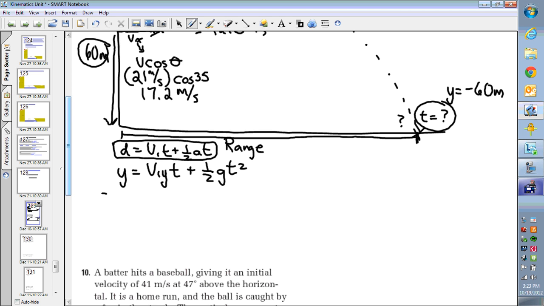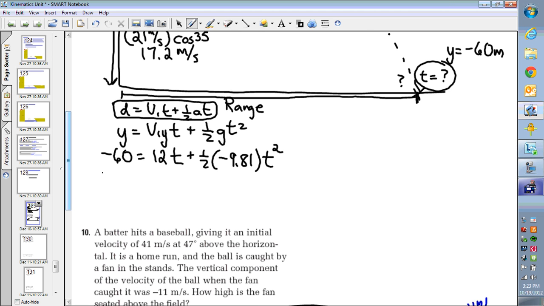All right, so my height is negative 60. My VIY was 12, times t, plus 1/2 times negative 9.81 meters per second squared times time squared. So we've got ourselves a quadratic to deal with.